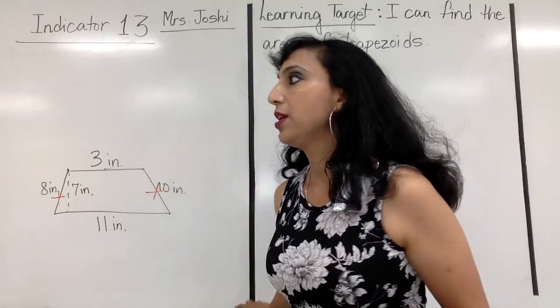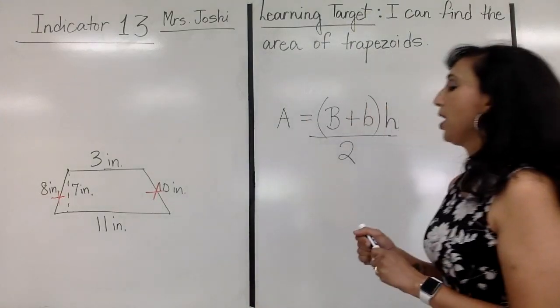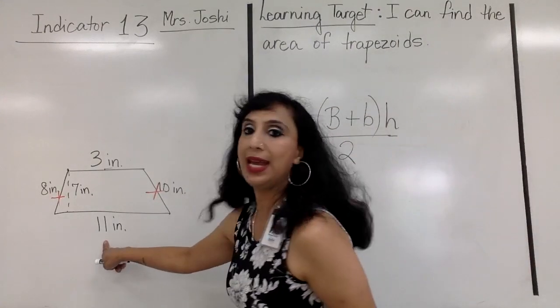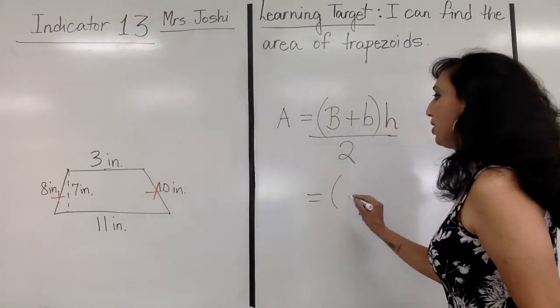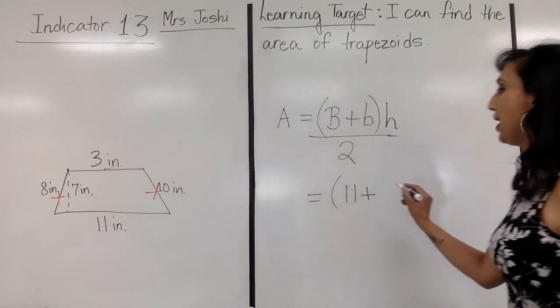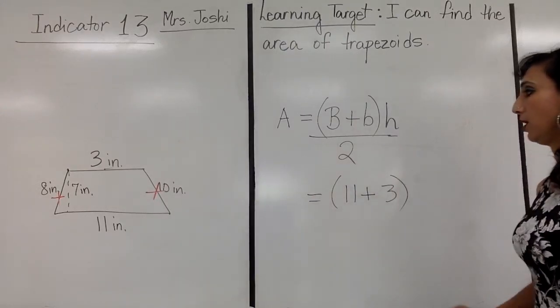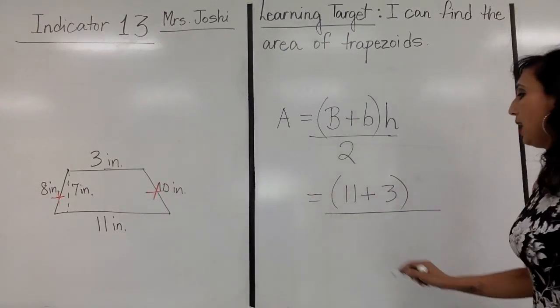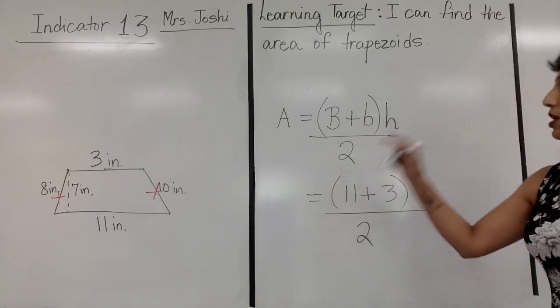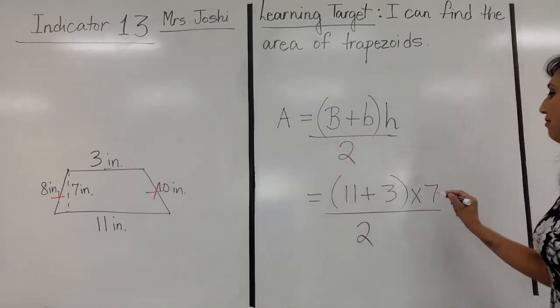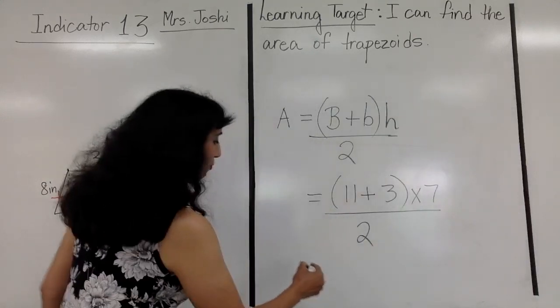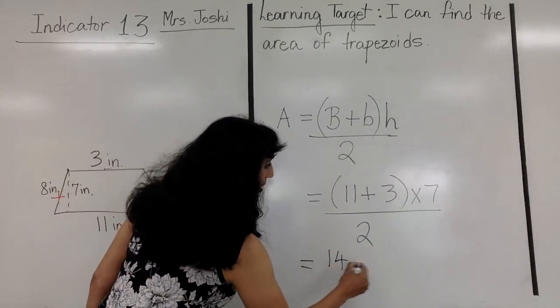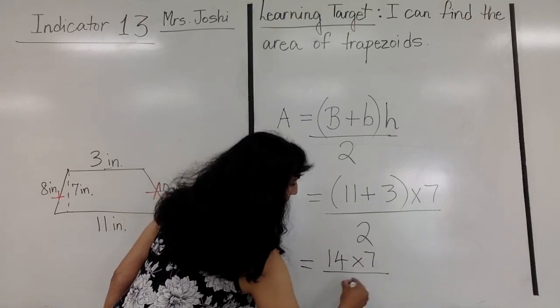So remember that, okay? In this case, my area I know is the big base plus the little base, divided by 2, times the height. So I'm just going to substitute values. This is going to be 11 plus 3, and obviously I'm dividing by 2, times my height, which is 7. If I say 11 plus 3, I get 14 times 7 divided by 2.